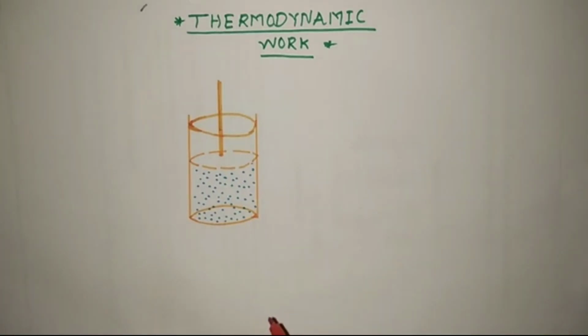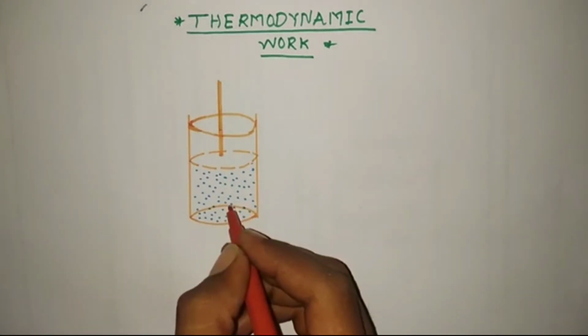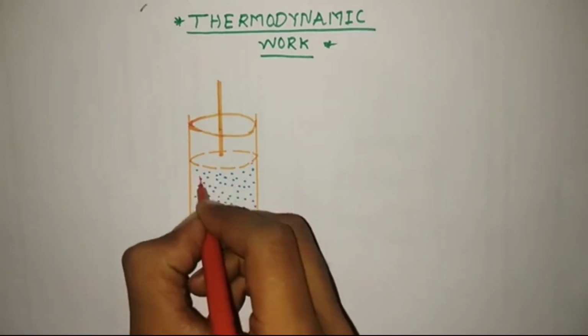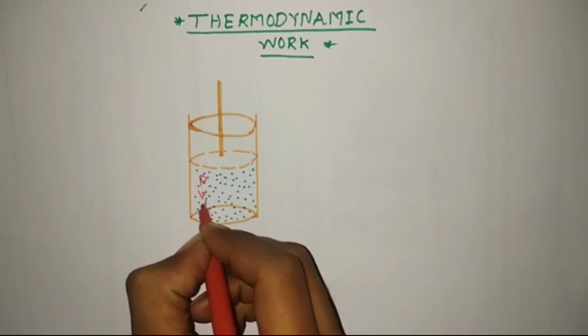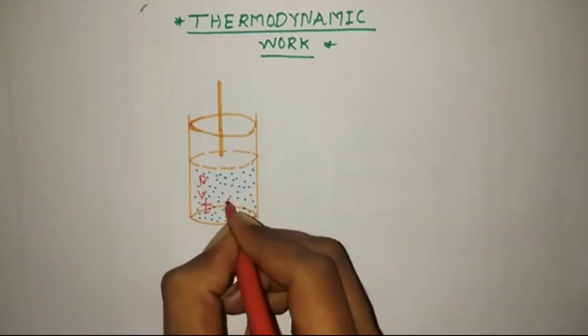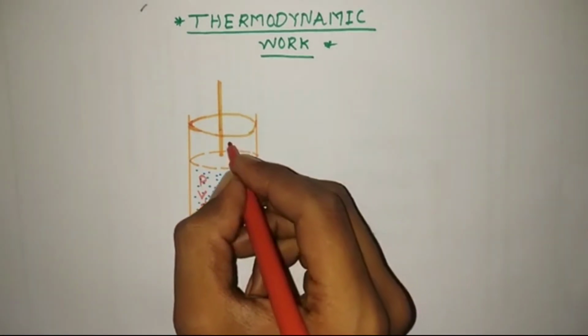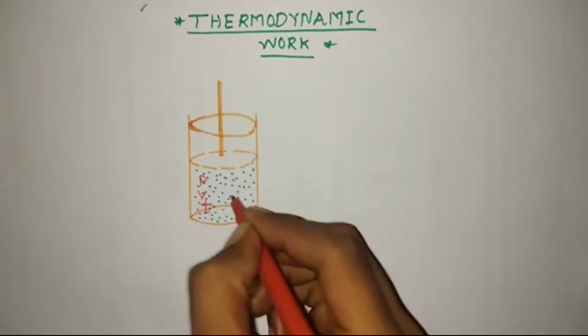Now consider a system having matter present inside it with a pressure P, volume V, and temperature T. There is a movable piston above the matter.